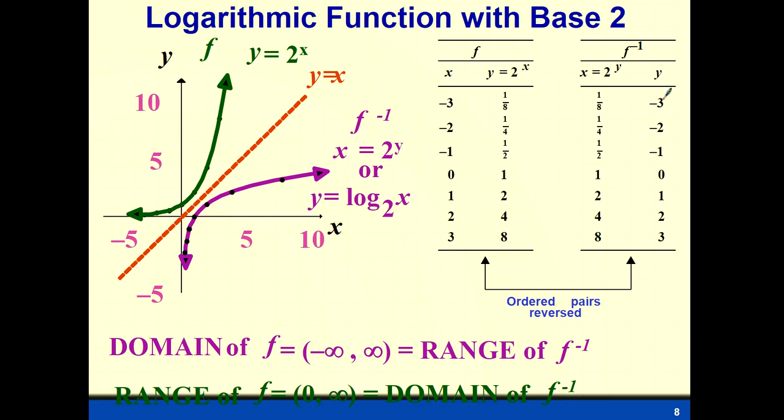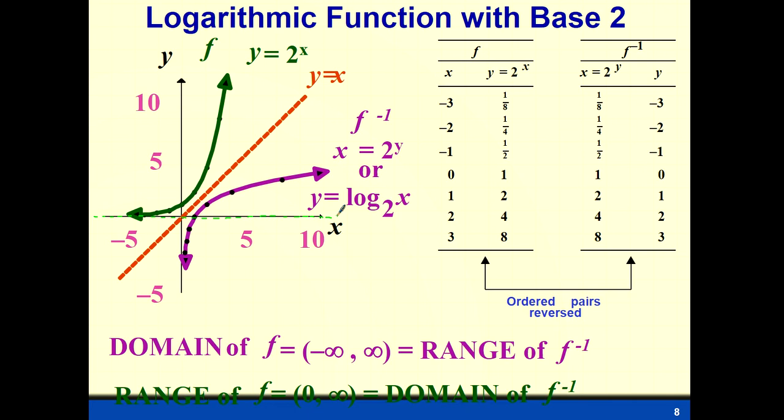So where the domain of my exponential is all real numbers, that means the range of my inverse is all real numbers. Where the range of my exponential is from 0 to infinity, the domain of my inverse, which is the logarithm, is 0 to infinity. And if you remember, the exponential has a horizontal asymptote at y equals 0.